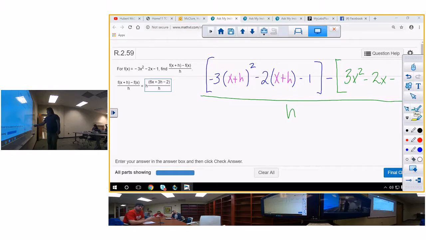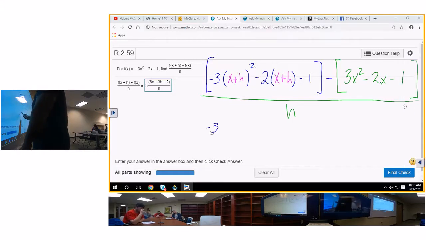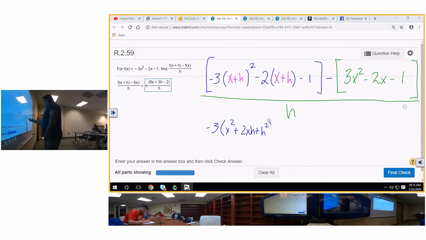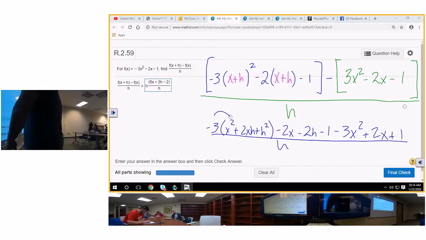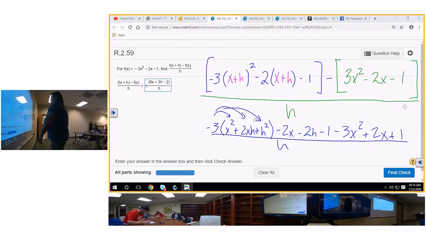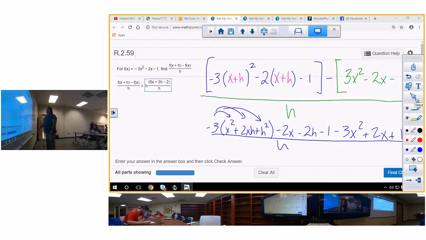And that's going to give us -3 times x squared plus 2xh plus h squared minus 2x minus 2h minus 1 minus 3x squared plus 2x plus 1 all over h. And now you're going to distribute this -3.